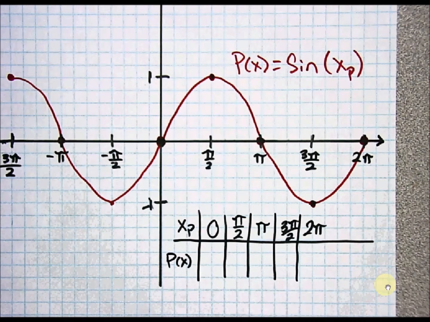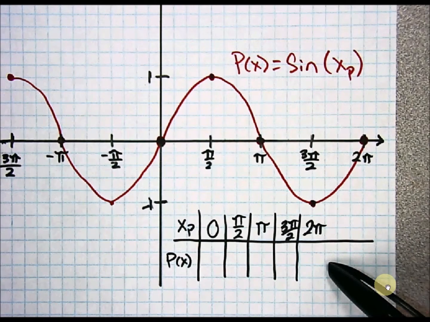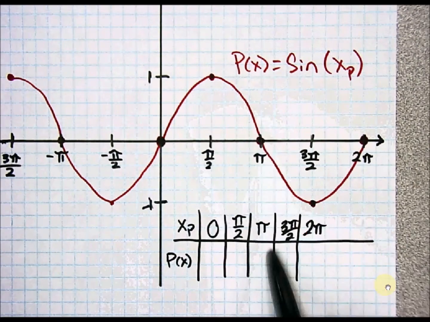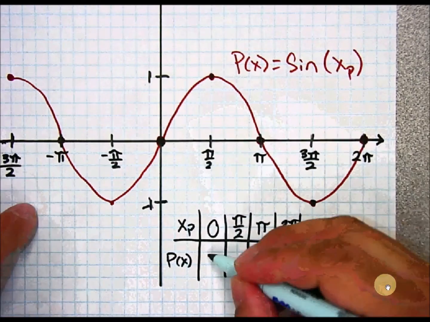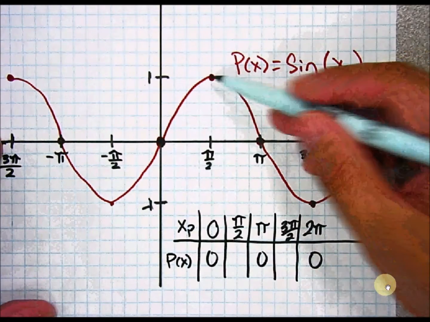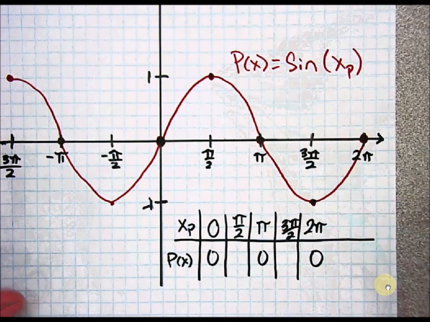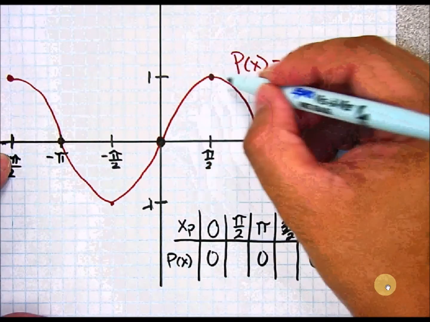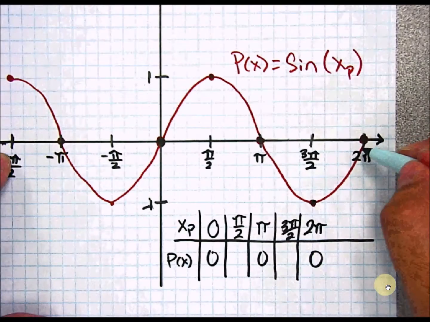As you can see in my table down here, I've taken the specific points that I felt were important, which are my zeros, at 0, pi, and 2 pi. And then I've taken my maximum, which is 1, and my minimum, which is -1. Now, this is obviously just for one period, from 0 to 2 pi.